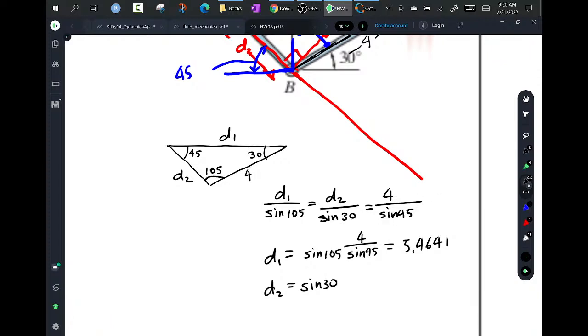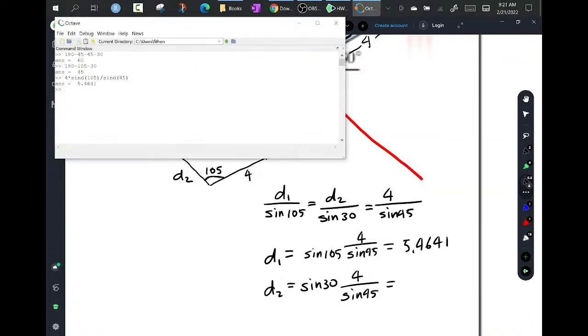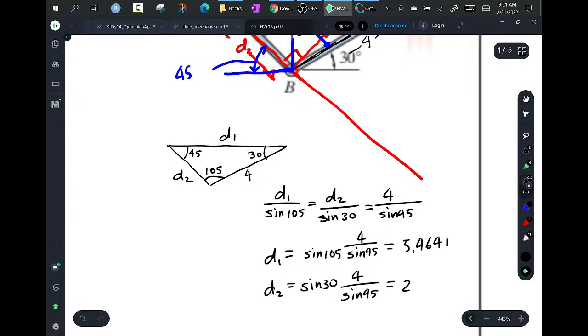That's 4 over the sine 45. All I have to do is replace that 105 with 30. That gives 2.8284.